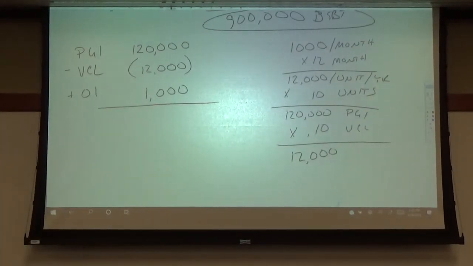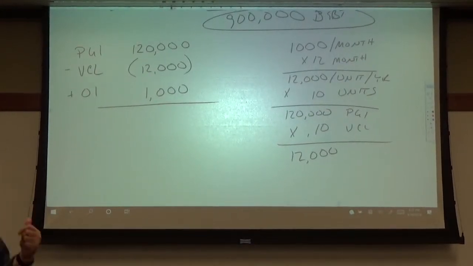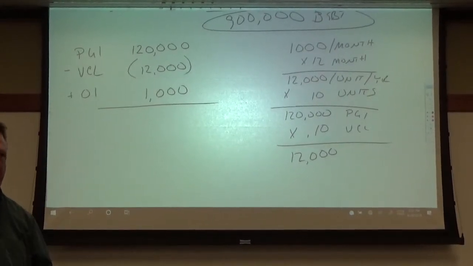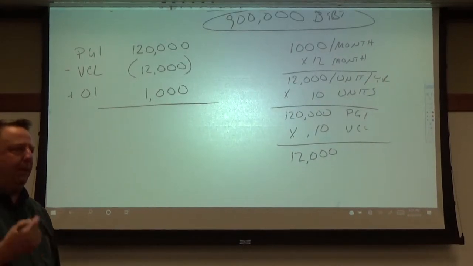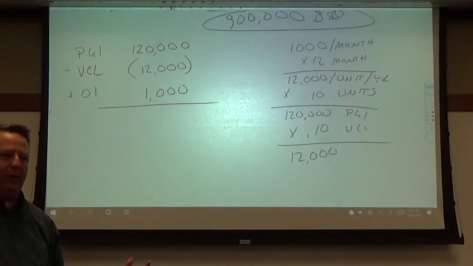What's interesting about that is, especially as you get into larger and larger properties, there can be some really profitable ancillary services that you can charge for, and that can be a bigger and bigger piece of your total income from the property.